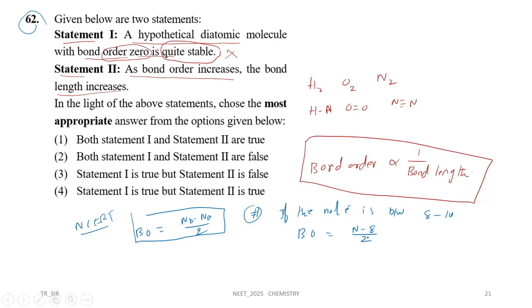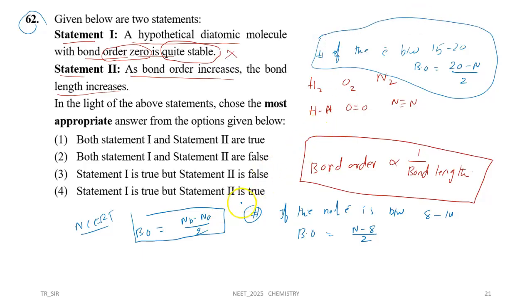If the electrons are between 15 and 20, bond order is (20 minus n) by 2. These are very important formulas, please note them down; very useful for your numericals of chemical bonding. So in this question, the second statement is false and the first statement is false, so we have only two options.